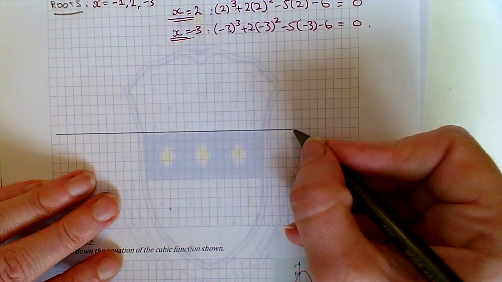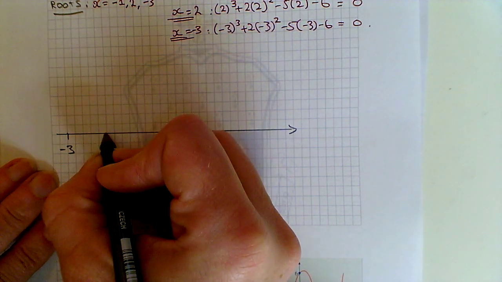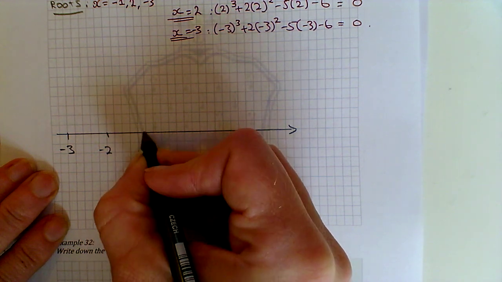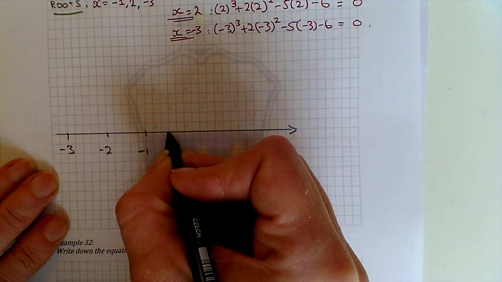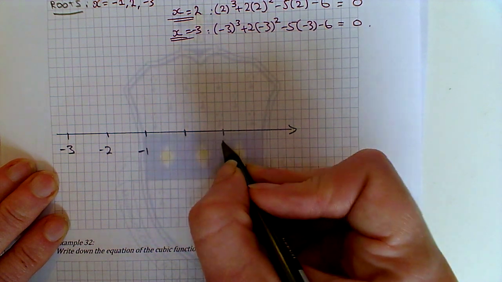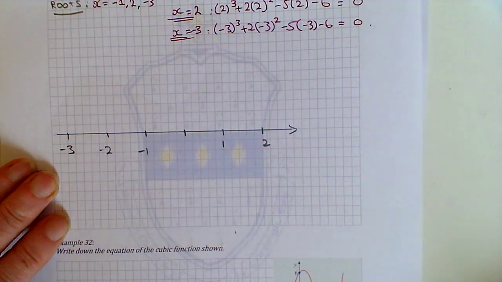So sketching the graph here, we've got minus 3, minus 2, minus 1, 0, 1, and 2. Those are going to be my roots.